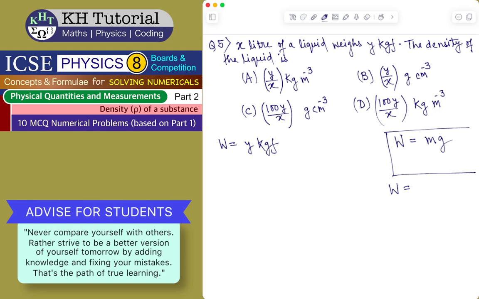Now, what is kgf unit? 1 kgf, we know that 1 kgf is equal to weight of a body of mass 1 kilogram.